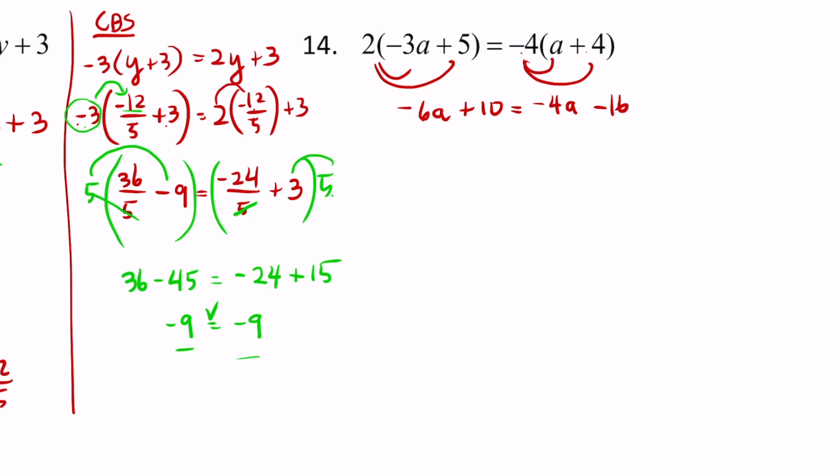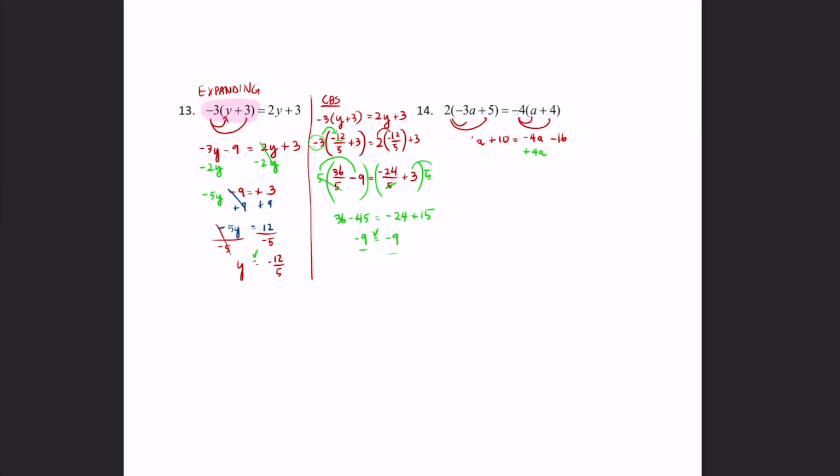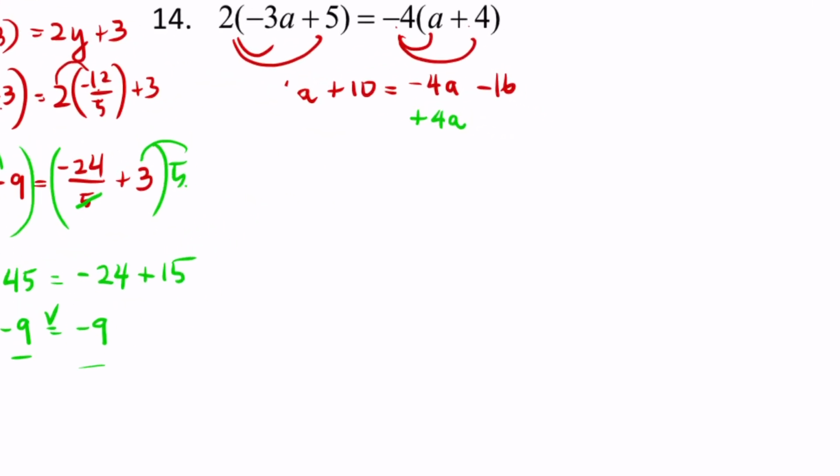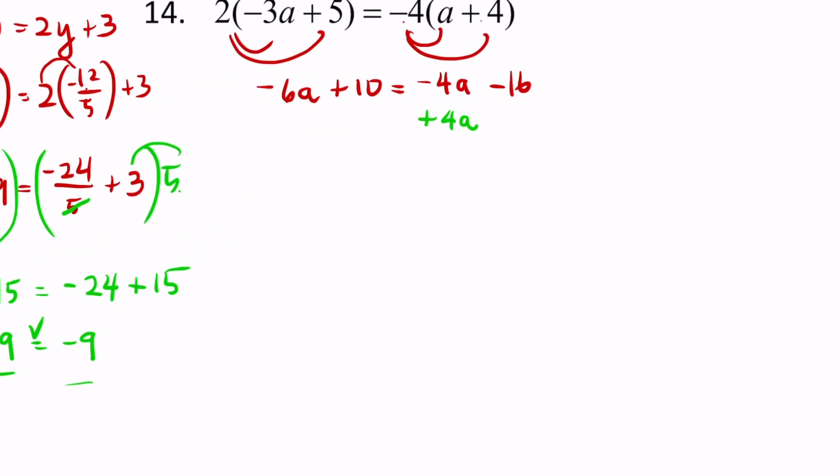So I'm going to move 4a to the other side. Plus 4a. So this cancels and you're left with negative 2a plus 10 equals negative 16, okay? Negative 10, negative 10, so this cancels.